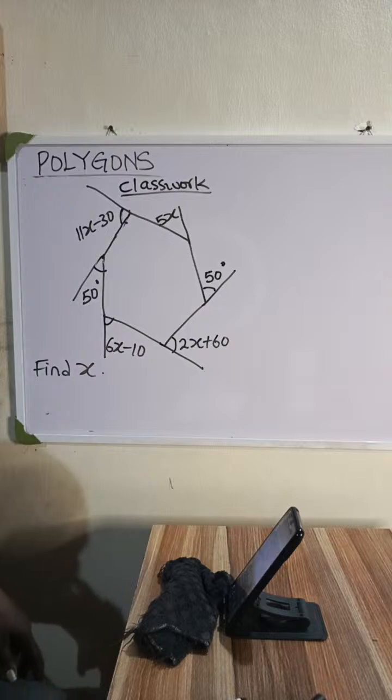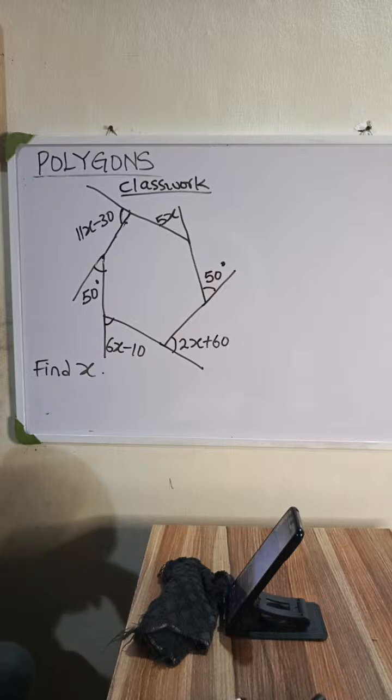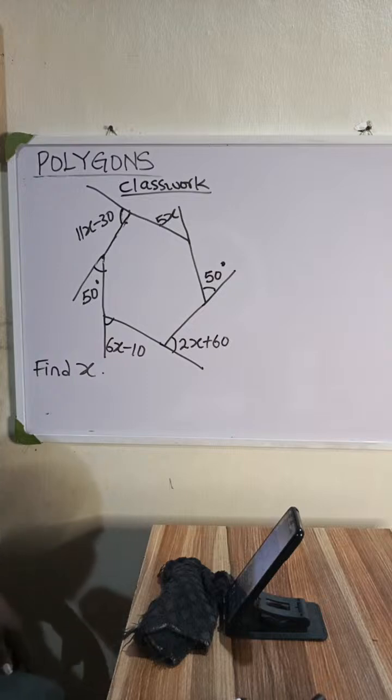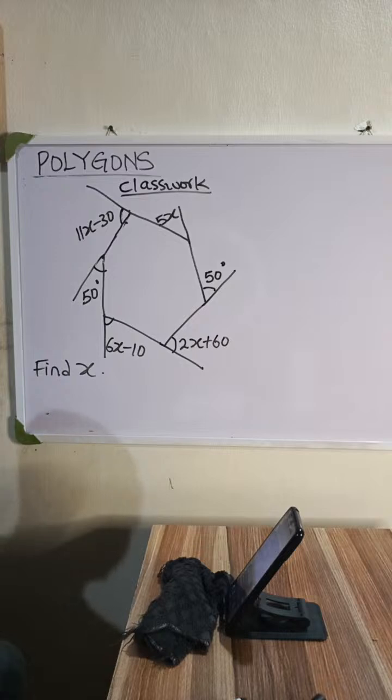Cecilia says x is equal to 10. Okay, I think the time is up. So let's look at the correction so that we can continue.